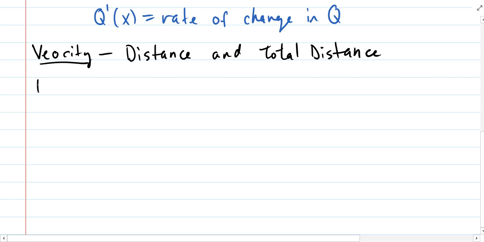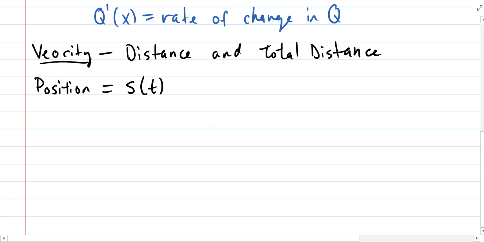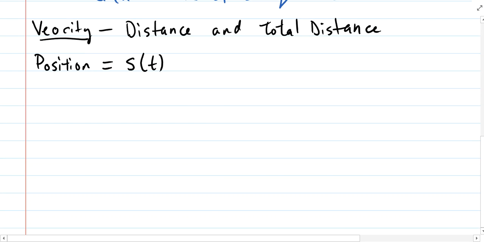So first off, let's review it real quick. We have position. And we'll just use the s of t, because that could be x or y direction. We only do one-dimensional right now. We'll do two-dimensional later.